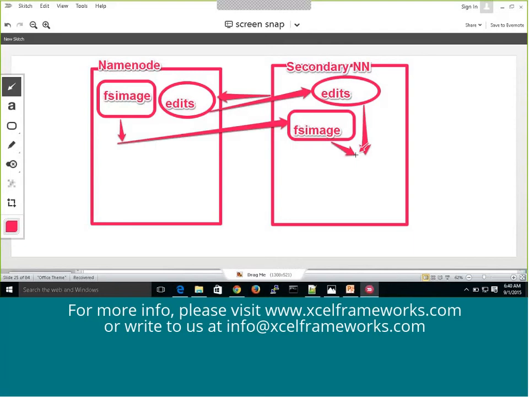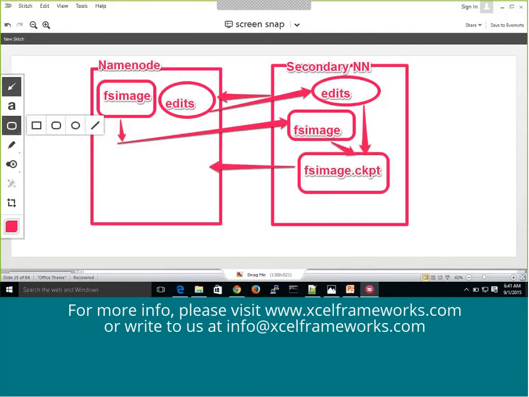Okay, it makes a bigger file of this and then copies this file back here and renames it as fs image. It will be a bigger file because we are combining fs image and edits file, right? So it's a bigger file.